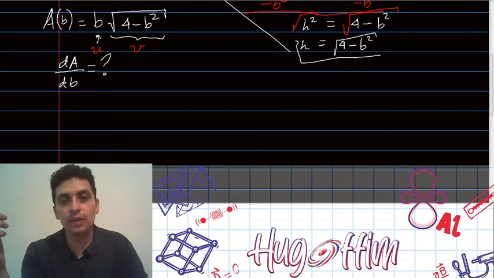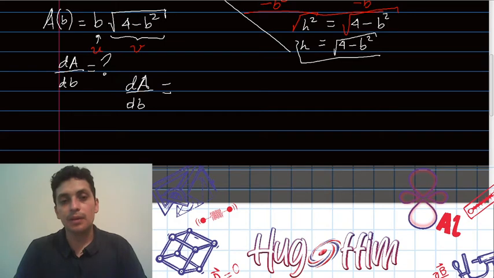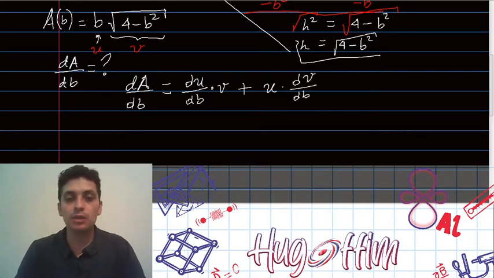Essentially, dA/db is going to be the derivative of u times v, so it will be du/db times v plus u times dv/db. So this is what we have to do.